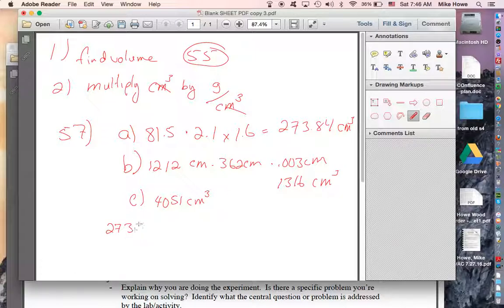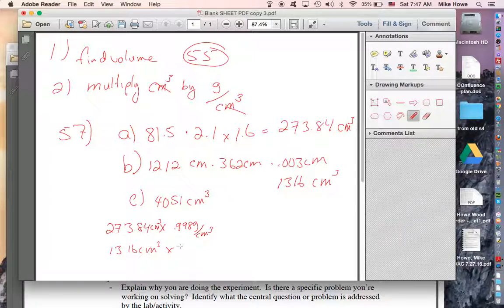So 273.84 cubic centimeters multiplied by the density of the iron, which is 0.998 grams per cubic centimeter. And then you would have the 1,316 cubic centimeters multiplied by the density of the aluminum, which is 2.7 grams per cubic centimeter.